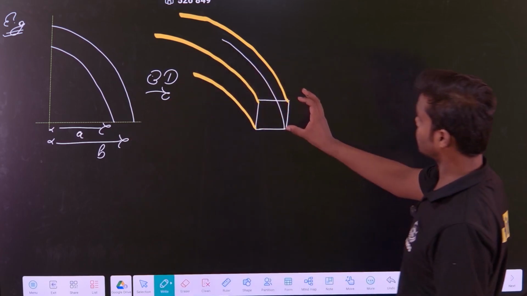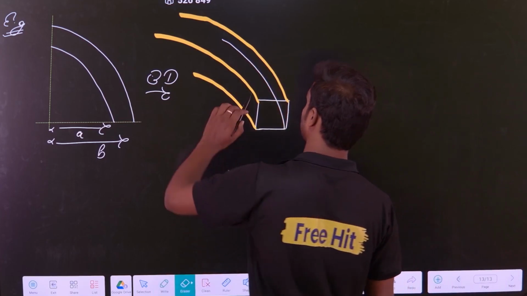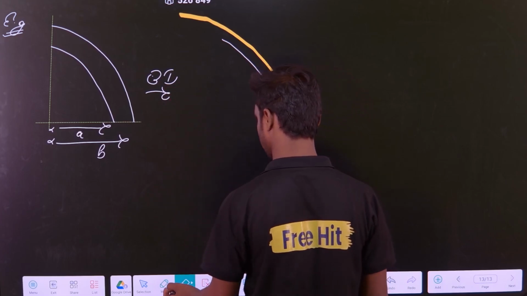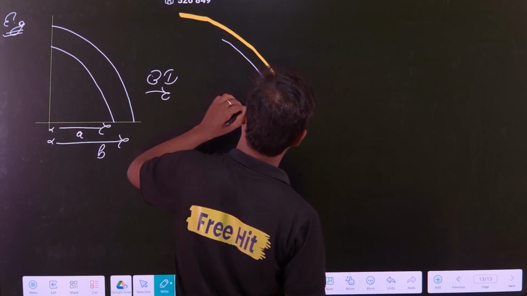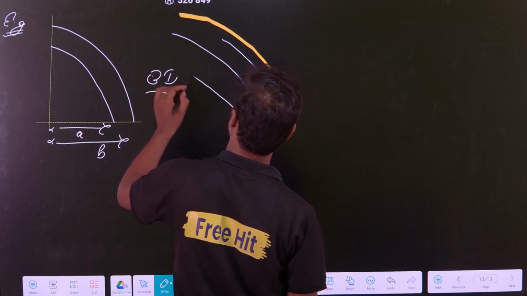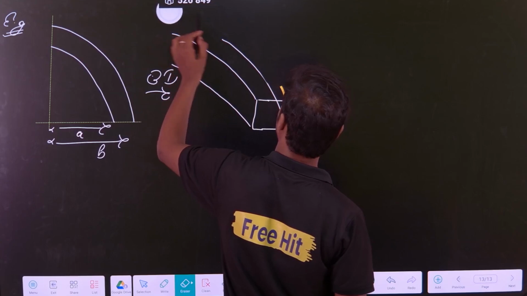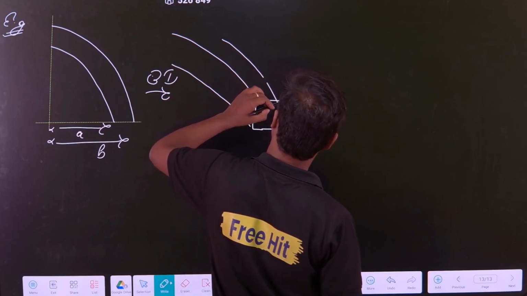Now you are getting this point. Clear? I hope now you are understanding the picture, what it is exactly.